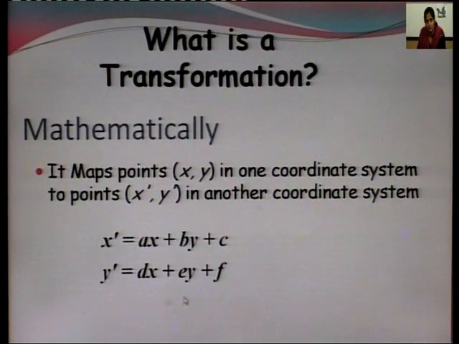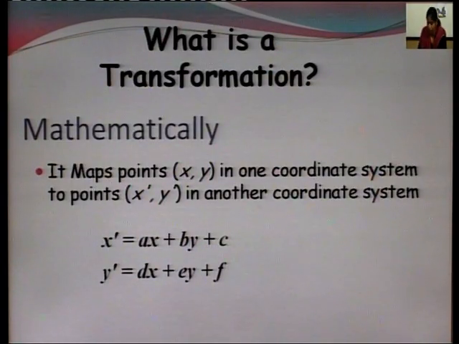Similarly, y' is also generated by using some linear transformation. Now, how is this transformation presented mathematically or performed by the graphics tools? We see in mathematics that these linear equations can be represented by using matrices.